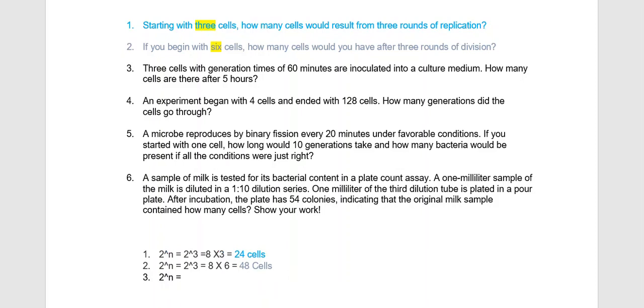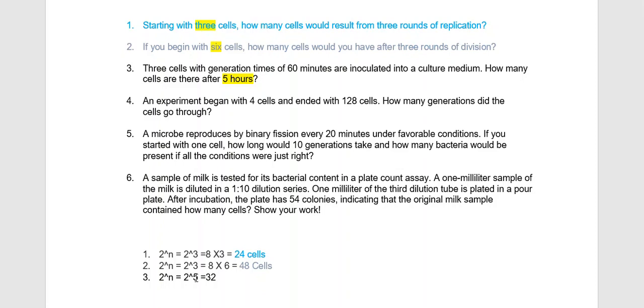After 5 hours, we'll get how many generations? 5. After 6 hours, we'll get 6 generations. So we can still use our wonderful 2^n, which makes everyone happy. The number of generations is going to be 5, because they have a generation time of 60 minutes. So if it takes 1 hour for one generation, then 5 generations is going to take 5 hours. So we're going to raise 2 to the 5th, and what we end up with here is 32.